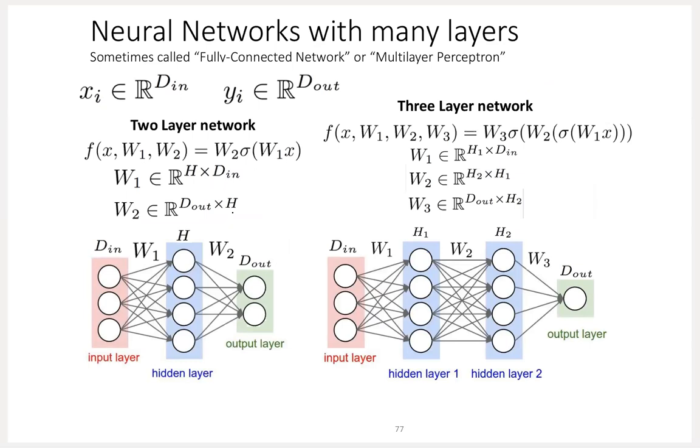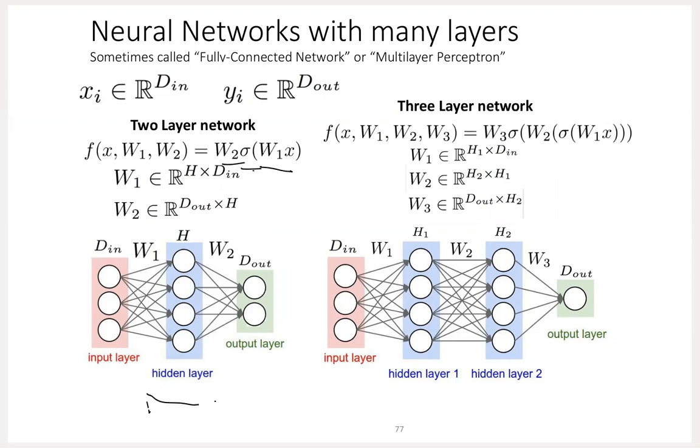This is repeating what we talked about before, but in a more elegant way, in matrix form. When we organize these neural networks into layers, each individual layer can be represented using a matrix multiplication followed by an activation function, then a matrix multiplication, an activation function, and so on.